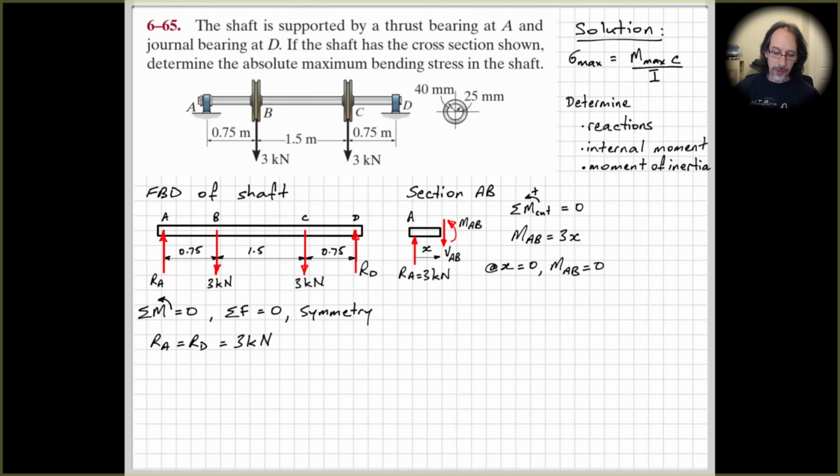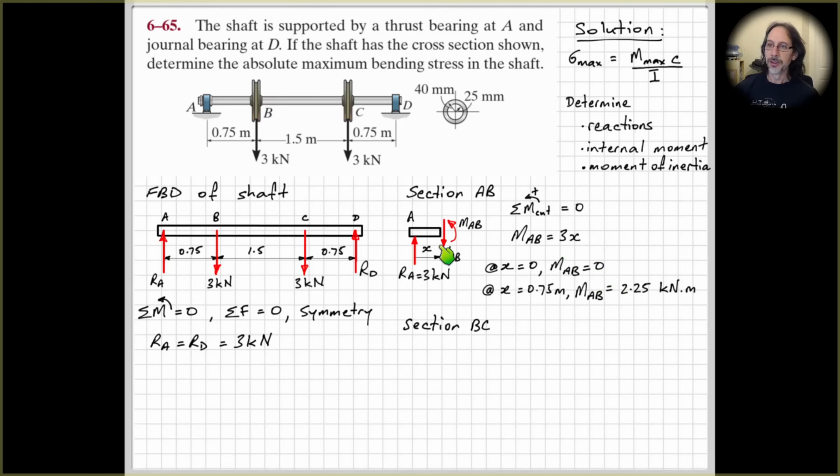So that's our equation for the bending moment in section AB. At X equals 0, at end A, the bending moment equals 0. And then at 0.75, when we get to where the pulley is, our bending moment is 3 times 0.75, so that's 2.25 kilonewton meters.